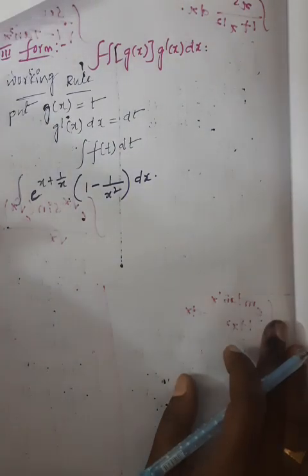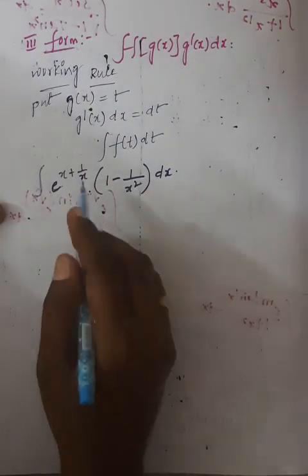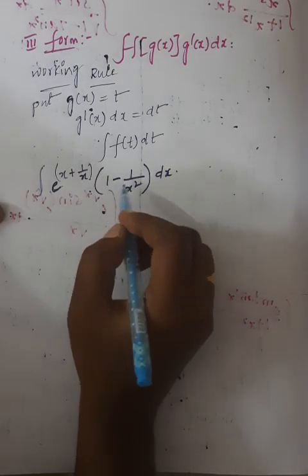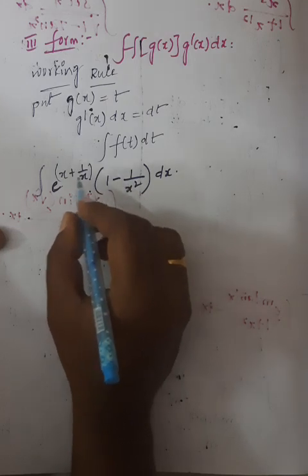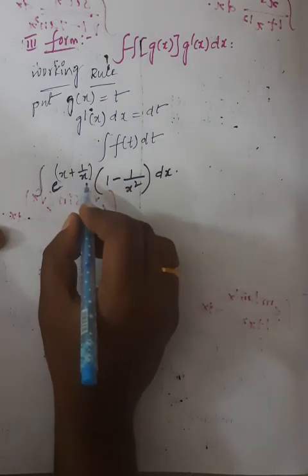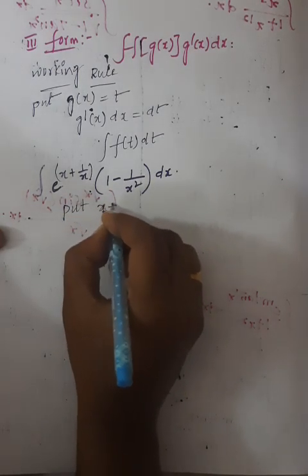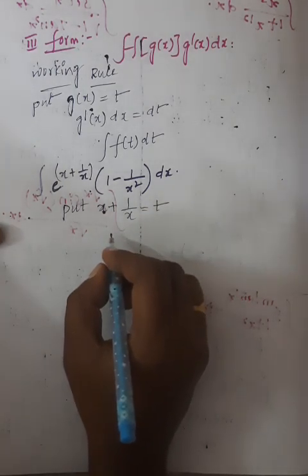Now our first question based on this third form is integration of e power x plus 1 by x into 1 minus 1 by x square into dx. So here we have to take x plus 1 by x as t. So put x plus 1 by x is equal to t. Then we have to differentiate both sides.